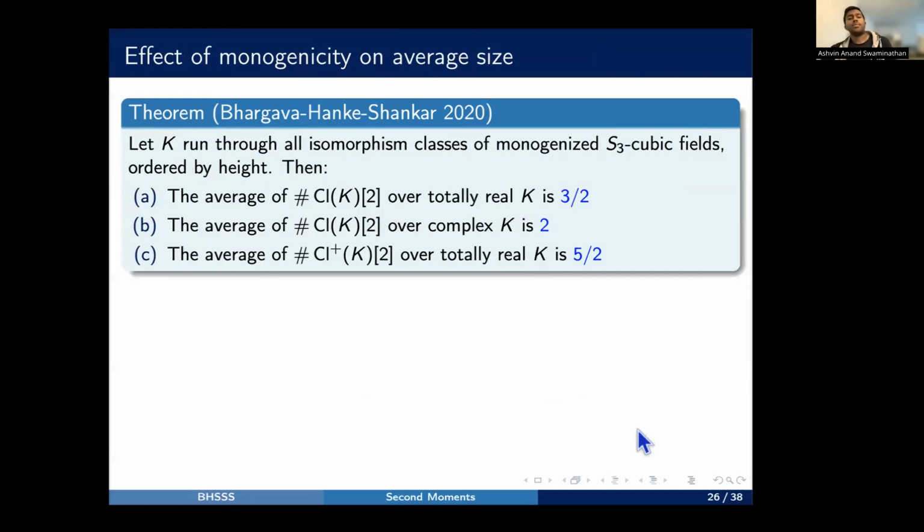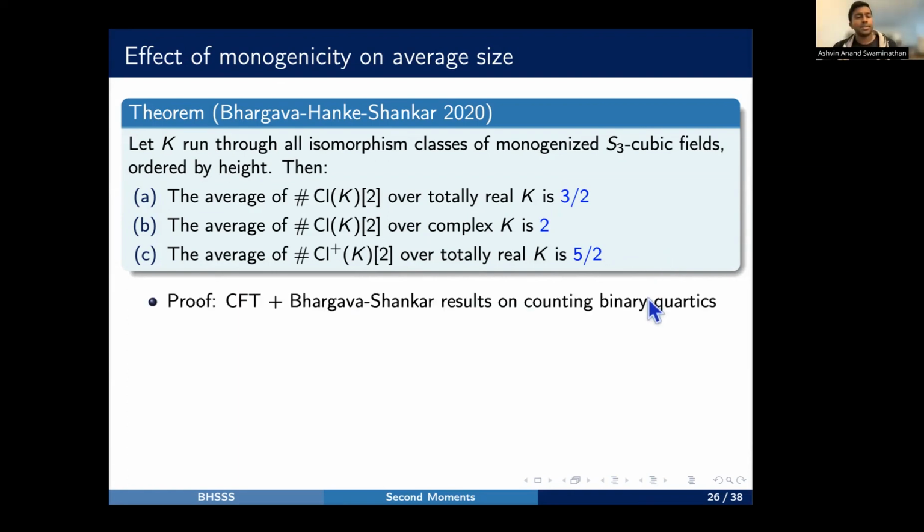Okay, so then we have the following result of Bhargava and Shankar from 5 years ago. They determined the average sizes of the two-torsion in the class groups of these monogenized fields. They get an average of 3/2 for totally real fields, 2 for complex fields, and 5/2 for the narrow class groups of totally real fields, which is maybe surprising because these averages are different from the averages predicted by Malle: 5/4, 3/2, and 2.